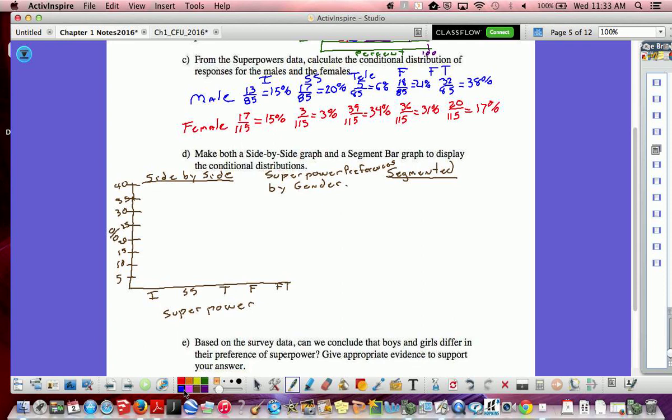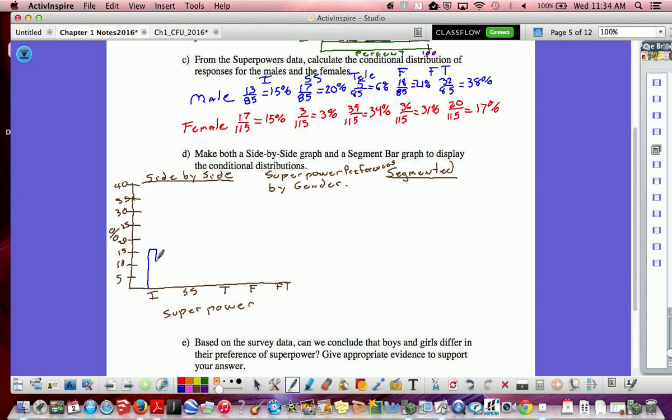So under invisibility, I'm going to have 2 bars going up. Same for super strength, but it's all based on whichever percentage. So I'm going to do all the males first and then connect all the female bars to the males.